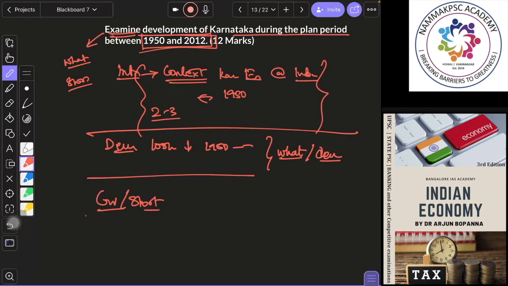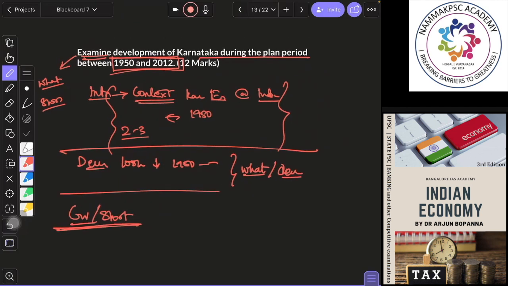Same way, shortfall of the planning means it has been inconsistent, funds have not been allotted properly, reduction of poverty has been slow, things like that you can write, and conclude. So this topic requires you to write both the achievements as well as what needs to be achieved or what has been left out.